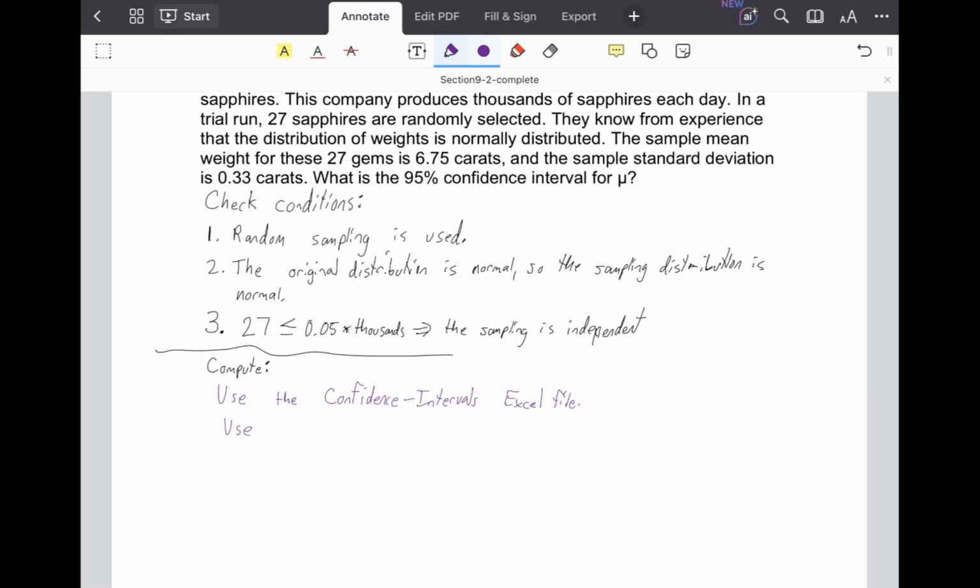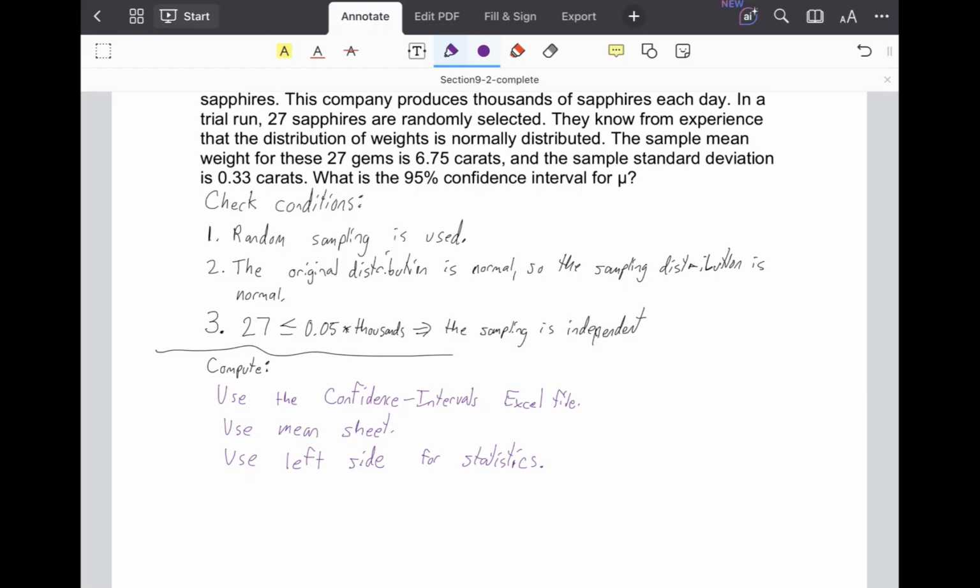And we're going to use the mean sheet. There's one last thing: use the left side for the statistics.